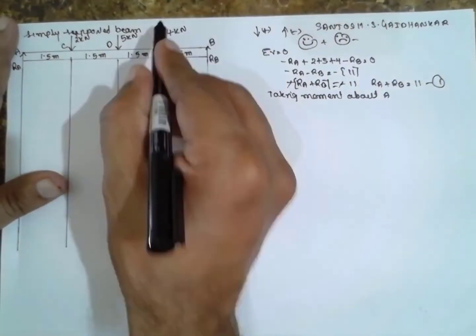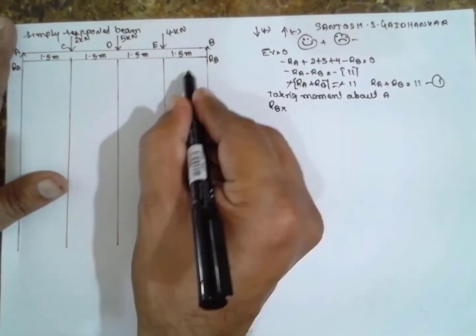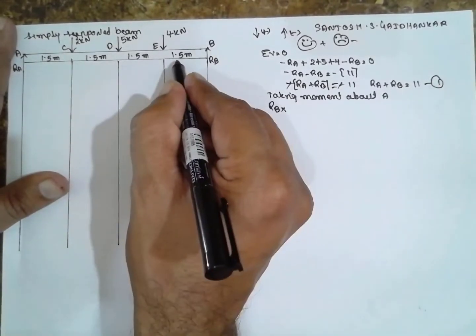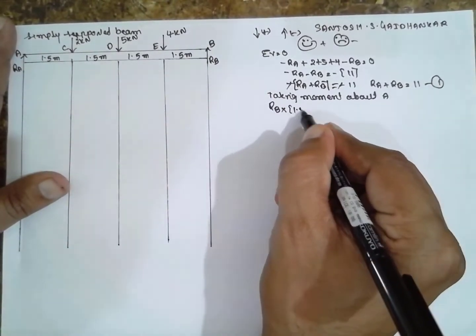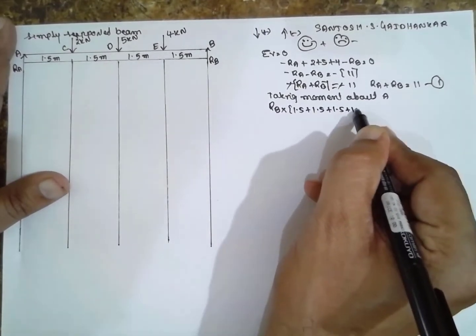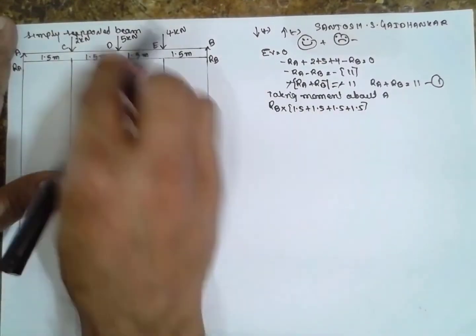Therefore I have to consider a positive sign. That is RB into the total distance, which is 1.5 plus 1.5 plus 1.5 plus 1.5. Since it is moving in this direction, we call it sagging.